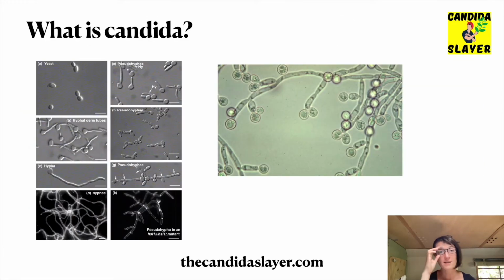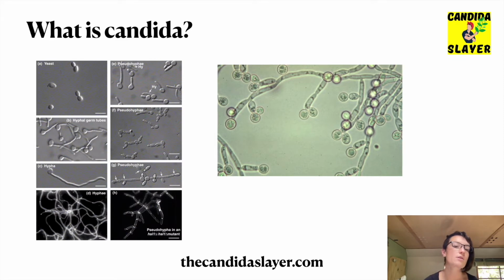So, what is Candida? Candida is a polymorphic fungus. Okay, so it will change its form depending on the environment where it is. Here on the picture on the left, you can see the evolution of Candida from its yeast form to its multicellular form.